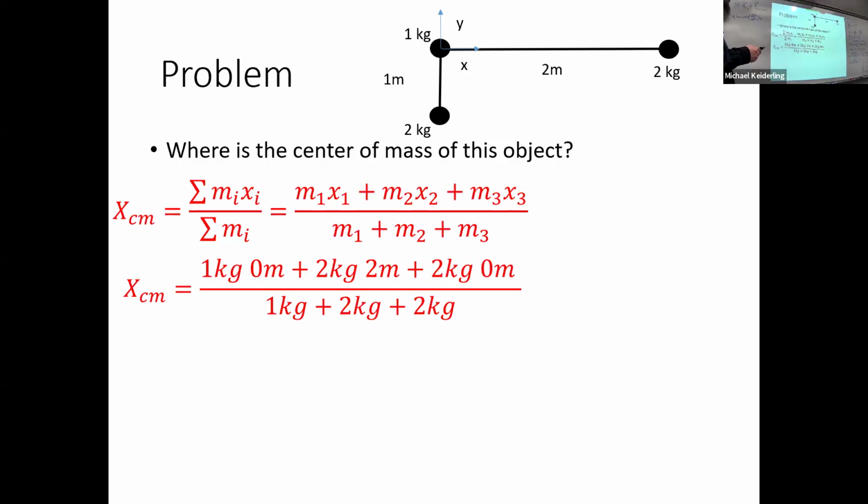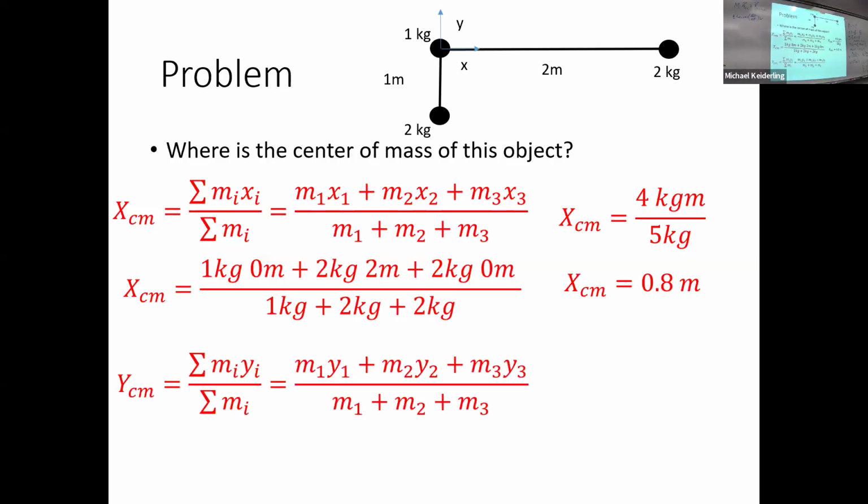I'm making this object 1, 2, 3. Divided by 1 kilogram plus 2 kilograms plus 2 kilograms. So that's 4 kilogram meters divided by 5 kilograms, which is 0.8 meters.